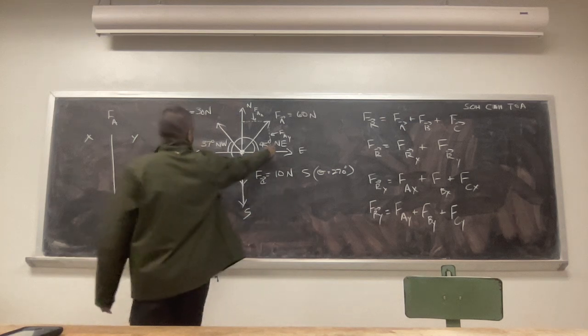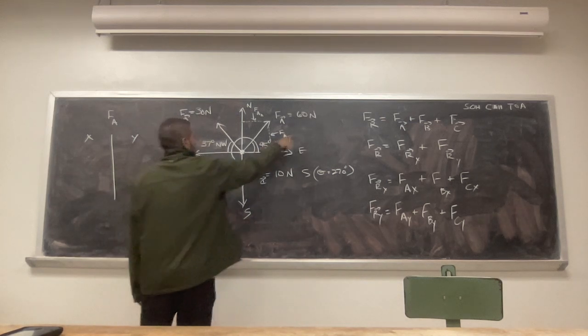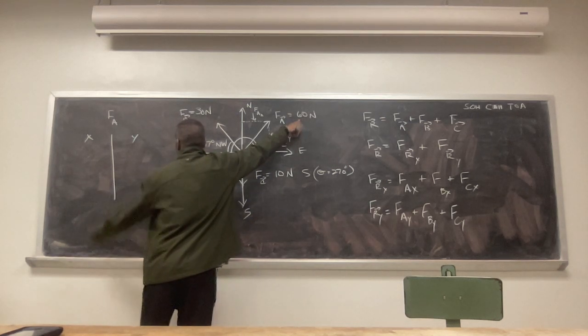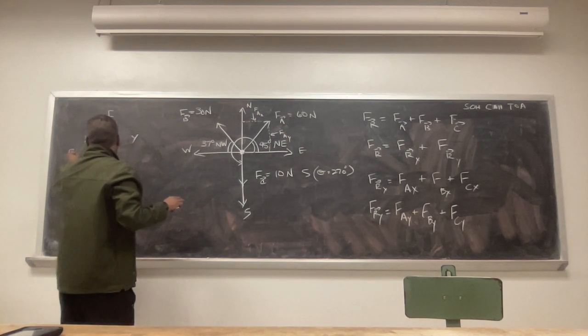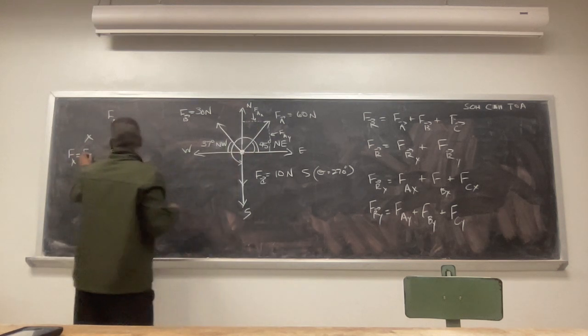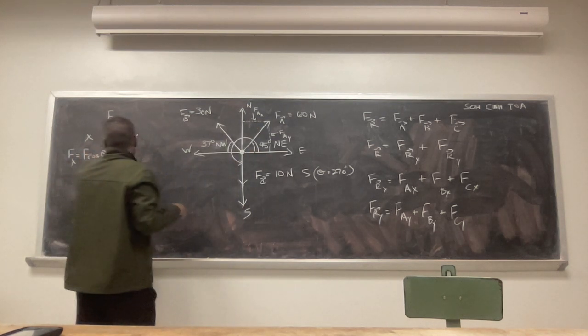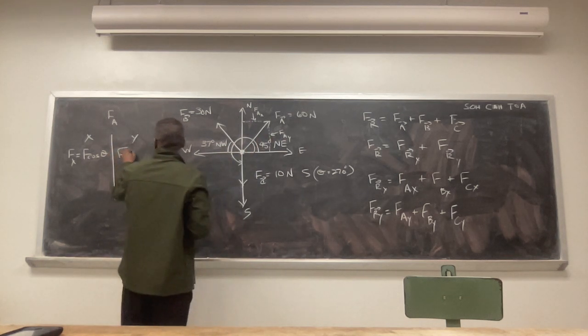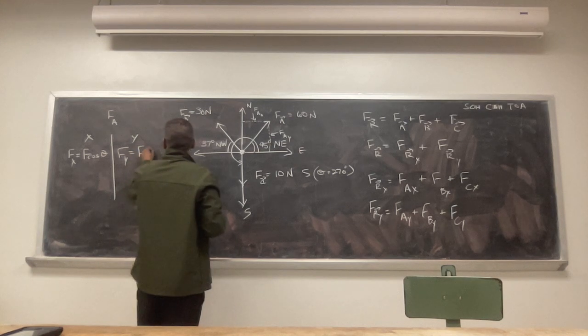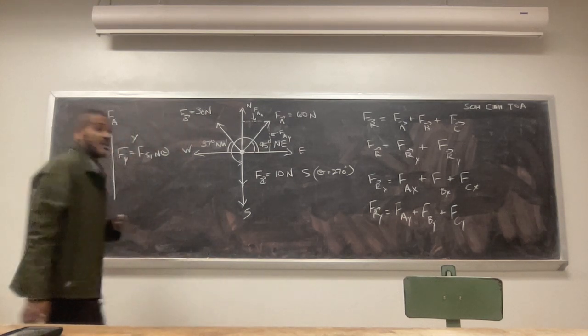And how do I get those values? I take the magnitude, because I know that the x component is equal to the magnitude times cosine of theta. And my y, in this case, is opposite, so that's the magnitude times sine theta. Y'all following that?